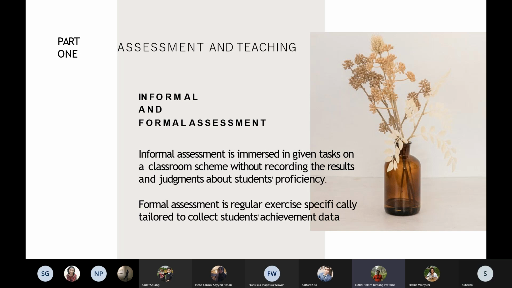The formal assessment is a grade-based assessment where teachers use a grading system to evaluate the students' performance. The formal assessment uses multiple data-driven methods that teachers use to evaluate students, like norm-referenced and criterion-referenced. I will explain that later.